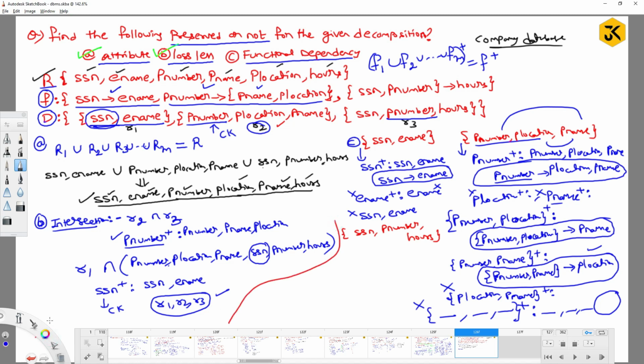So if you find the set of FDs possible here, the SSN closure is SSN anyway. From SSN you are going to get ename, and are there any other things? No. But if you observe, SSN is trivial, ename is not in our relation, so SSN is not a possibility. Similarly, find the p number closure: you are going to get p number, p name and p location, and any other things?